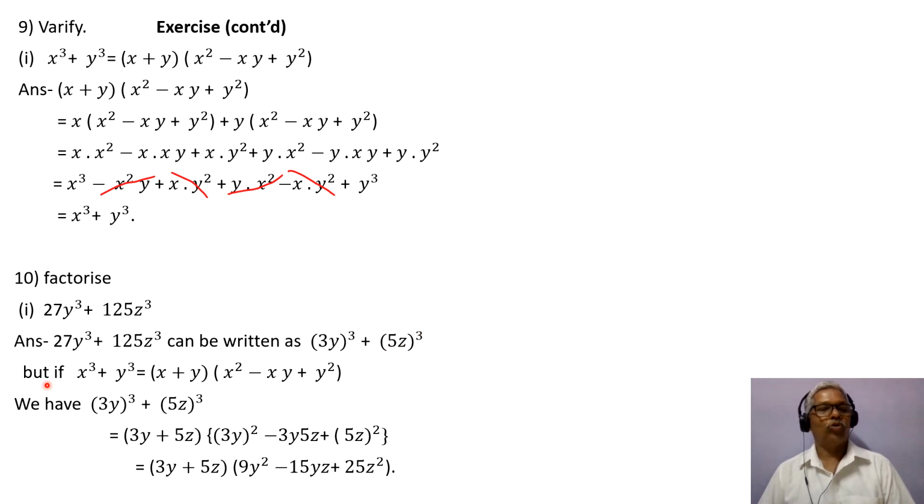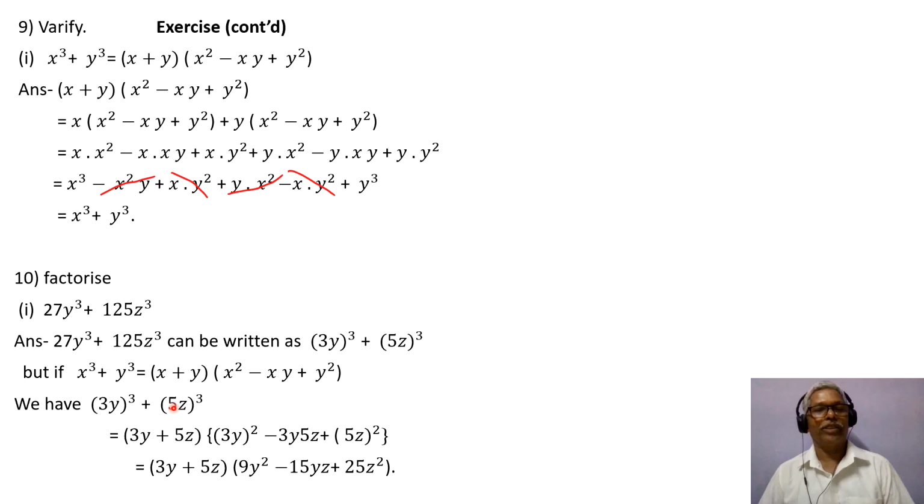So we are taking this identity: x cube plus y cube equals (x plus y) into (x square minus xy plus y square). Now taking the similarities between these two, to compare, x is 3y and y is 5z.